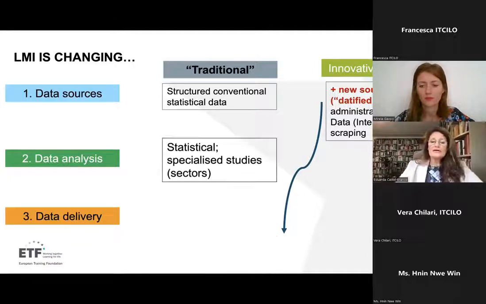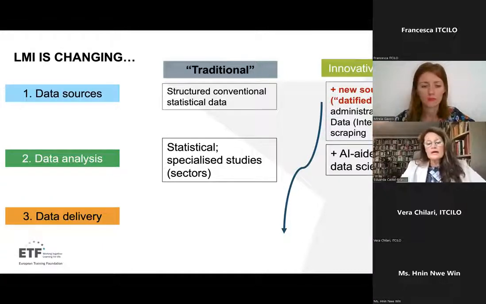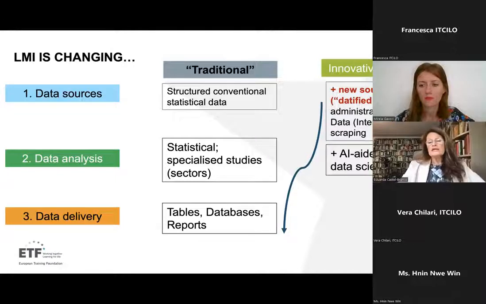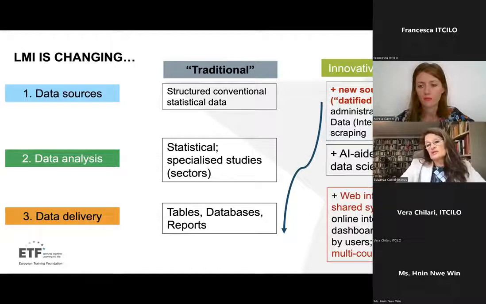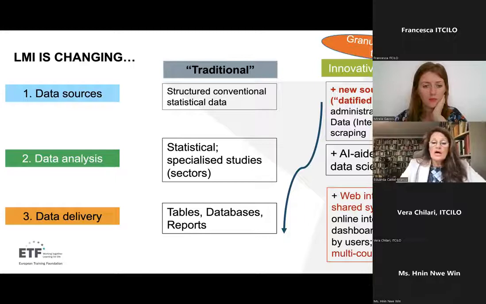Then data analysis based on statistical analysis, specialized studies, etc., to AI-aided methods, data science based analytics, data delivery based on tables, databases, reports, to web intelligence shared systems based on APIs, online interactive dashboards, tailored by users and for users.